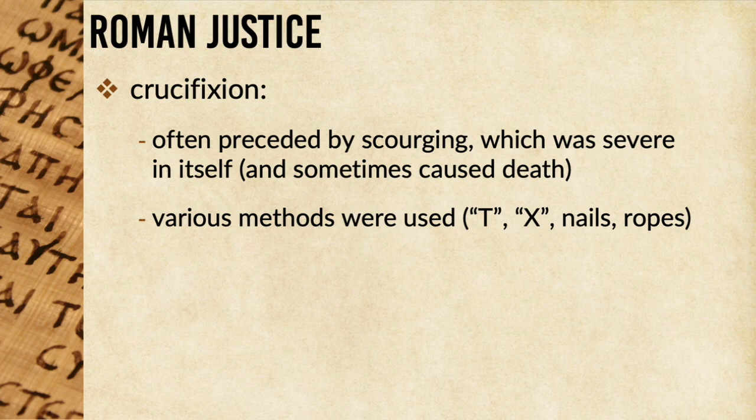Sometimes people were nailed to the cross. That's the case of Jesus. Sometimes people were tied to the cross with ropes. Tying an individual to the cross with ropes, generally speaking, prolonged the process. Crucifixion, generally speaking, was a long method of execution. Sometimes people would be on the cross for days before they finally died.